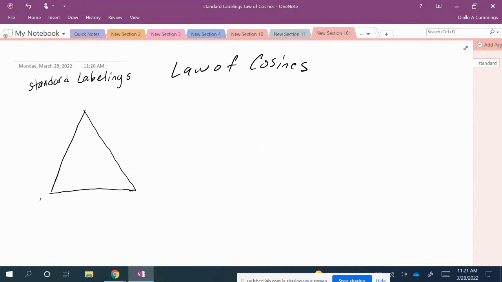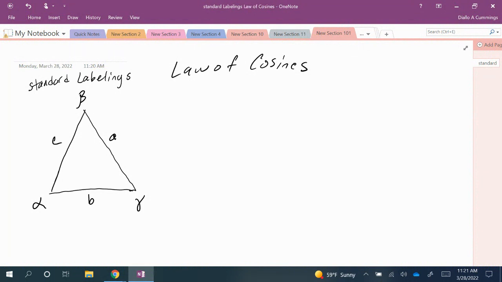We have angle alpha, angle beta, and angle gamma, instead of capital A, B, and C as in the formulas. The side opposite angle alpha is side a, the side opposite angle beta is side b, and the side opposite angle gamma is side length c.